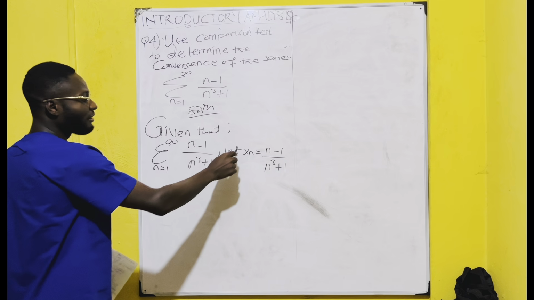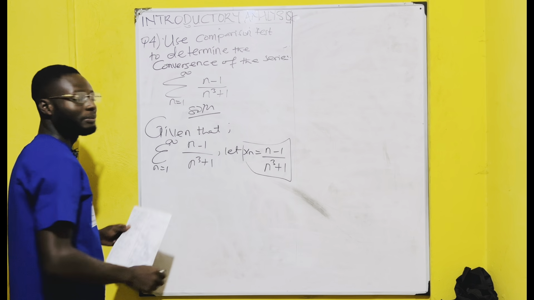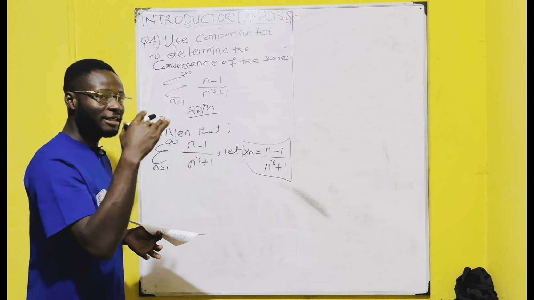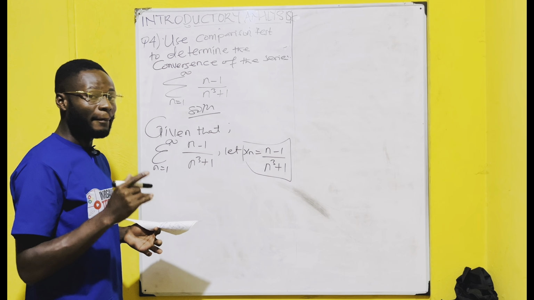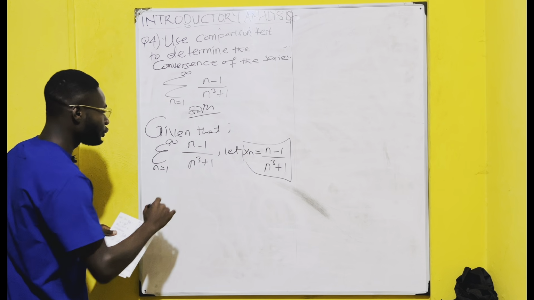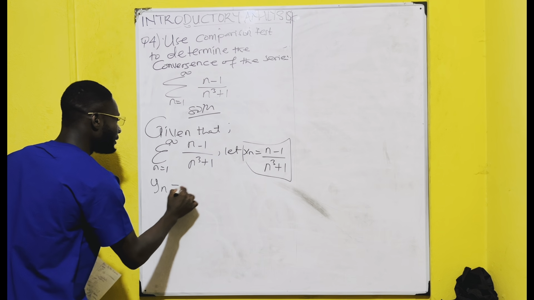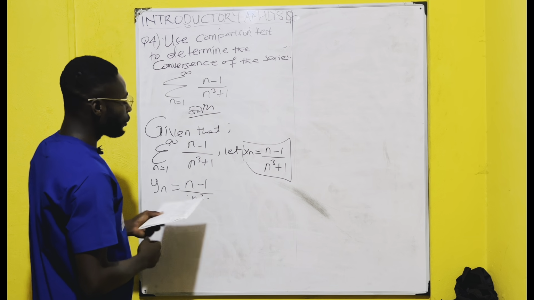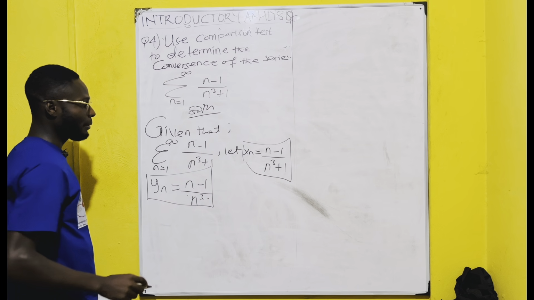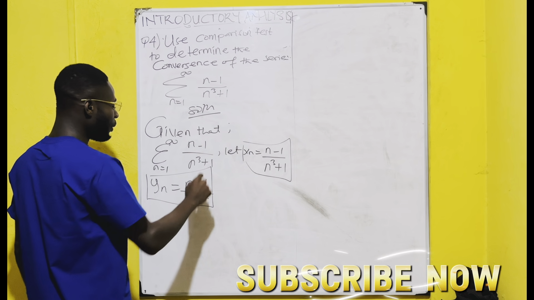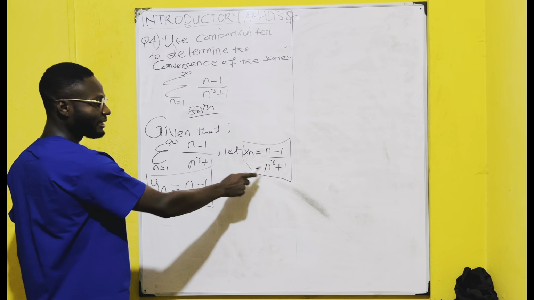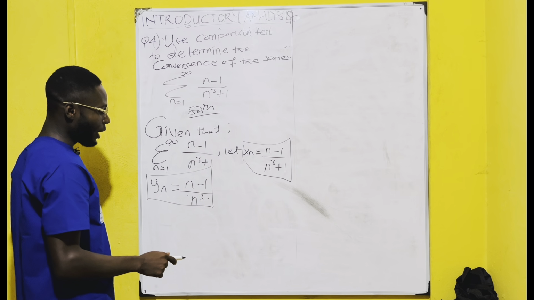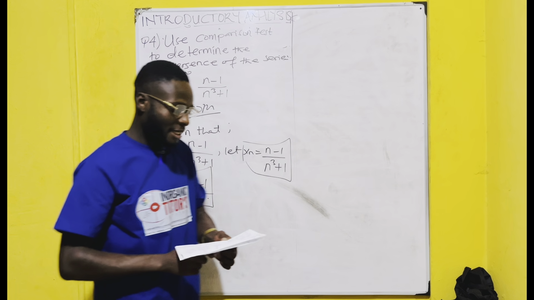So once we have been able to let Sn represent the function that we have been given, then the next step is going to be where we say that Yn should be equal to what? n minus 1 divided by n cubed. So Yn is equal to n minus 1 divided by what? n cubed. Right, so this is the ratio test approach. So first of all, you let the whole of the function that you have been given represent what? Sn. And then you reduce the denominator by 1 to let that one represent what? The Yn.